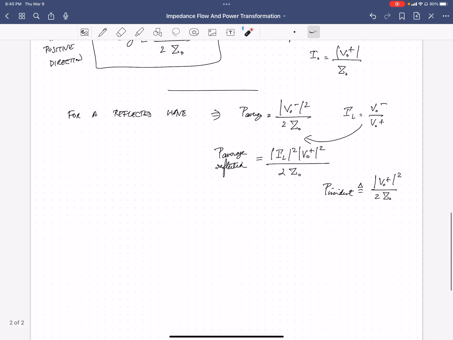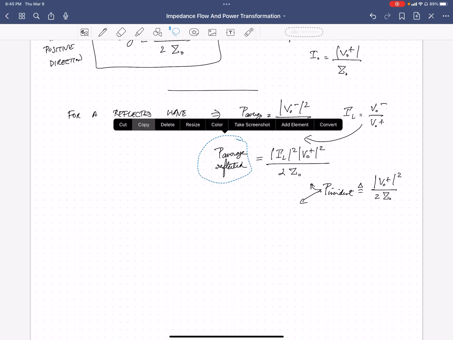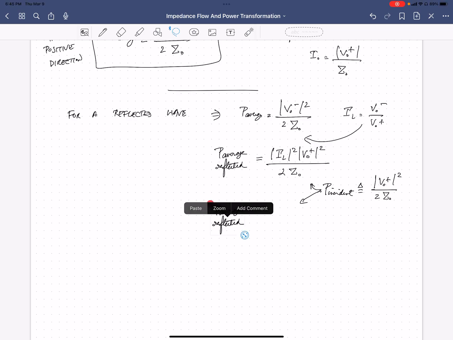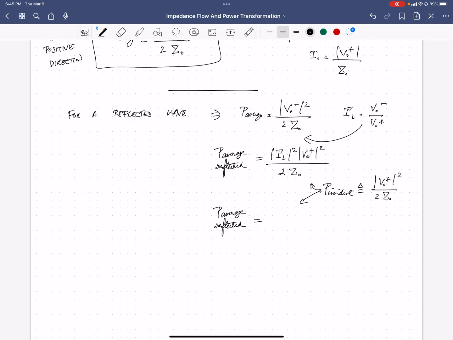Then if I plug that in, I get the average power reflected equal to gamma sub L squared times P incident.